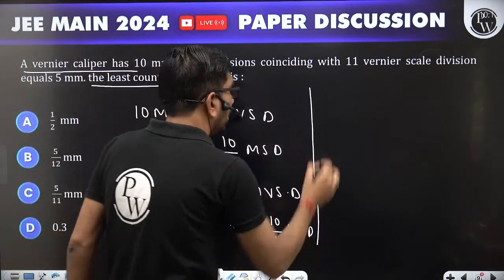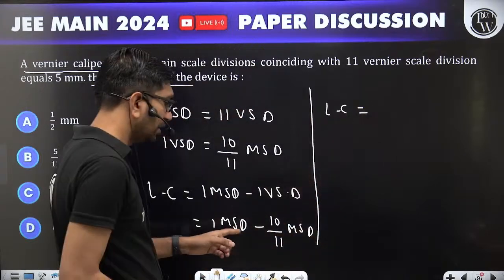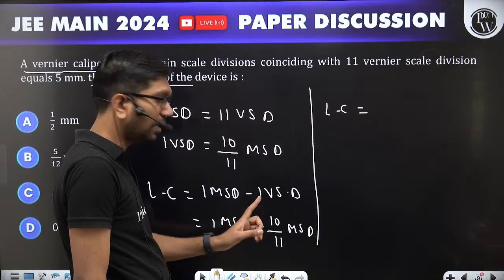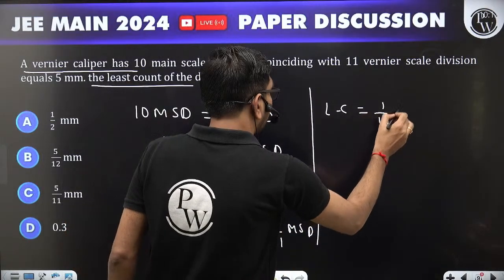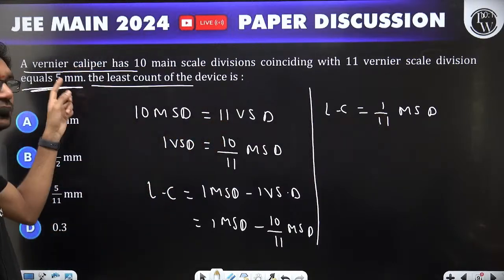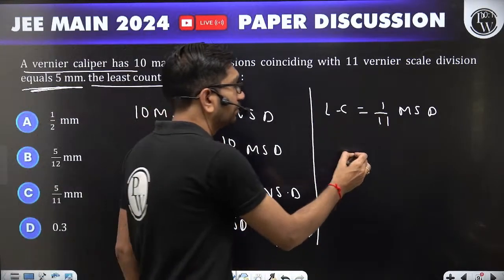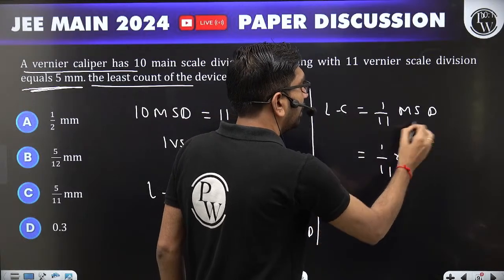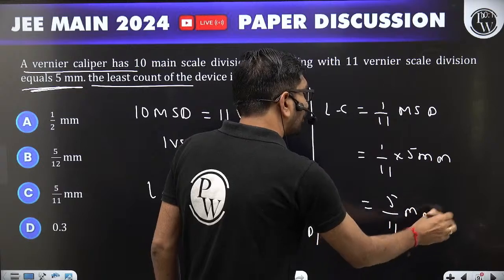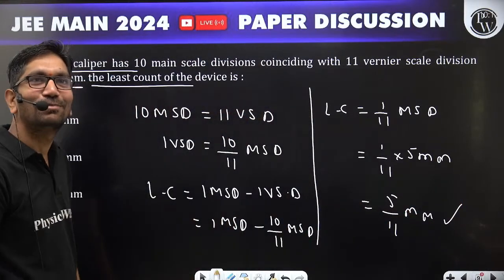Least count: here 11 minus 10 becomes 1 by 11 main scale division. He has given that 1 main scale division is equal to 5 mm. So the final answer is 5 by 11 mm. Very simple question, right?